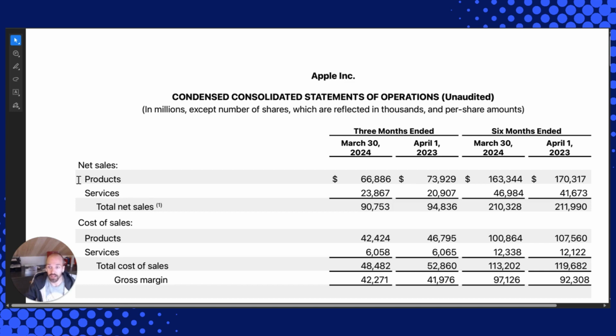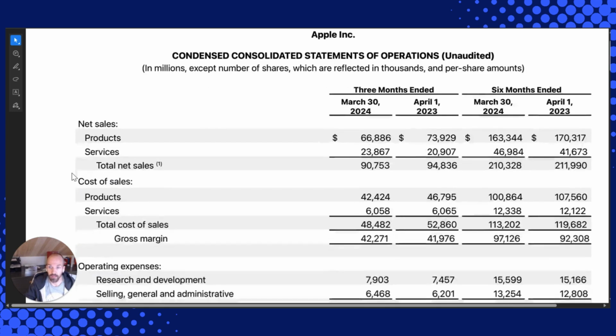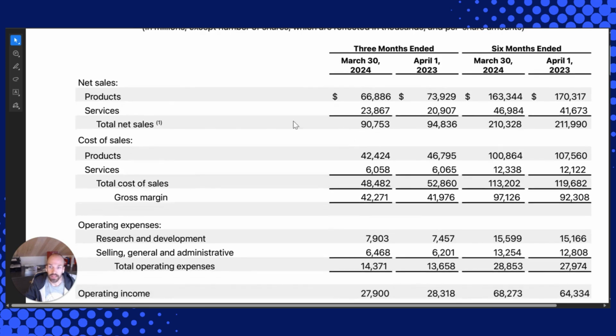So what you can see here, let's have a look at Apple. Here's the revenue, or they call it net sales. And they break it down into two components, products and services. Obviously, the year-over-year view of products is that it's declining. Last year it was 73.9 and now it's 66.8. And then on the services side, that's actually increasing.